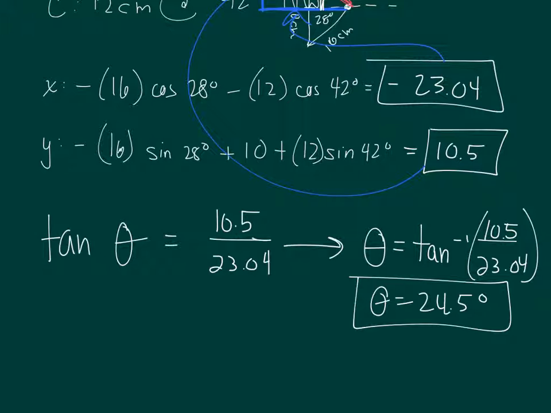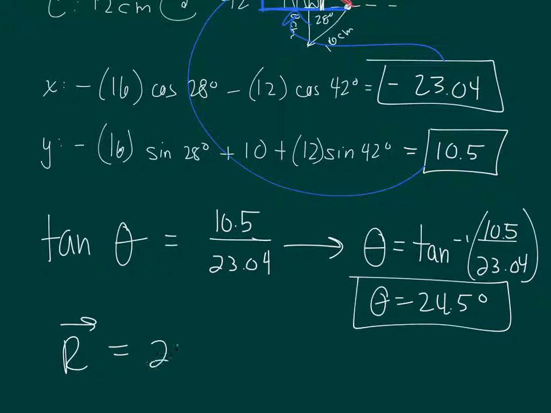What do you say when they throw in magnitude? What does that mean? Magnitude is the number, direction is the angle. So we already got the magnitude. What's the magnitude? You add them together? 24.5. No, that's the angle. It's 25.3. What was the hypotenuse? Wasn't it 25.3? That's the magnitude.